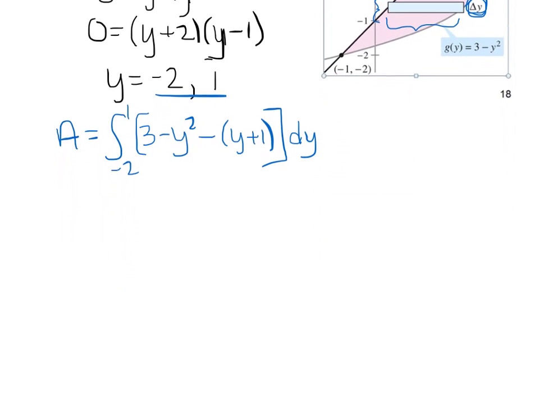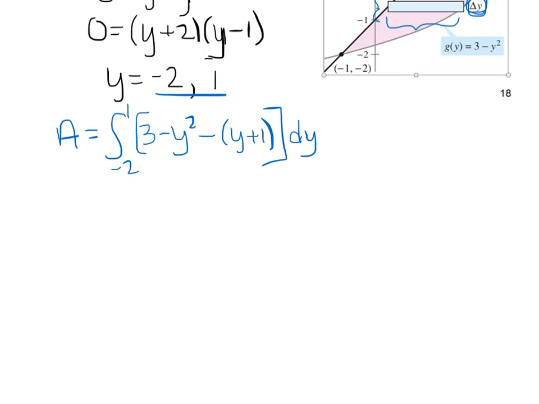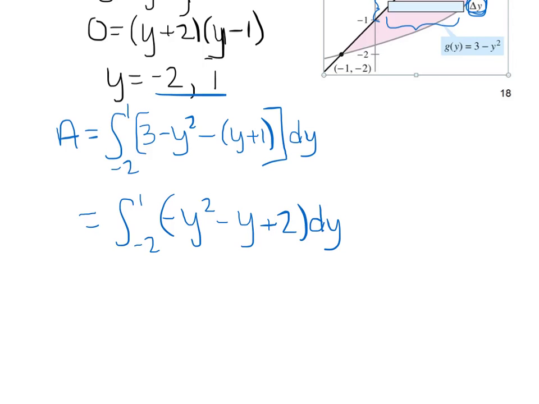And now the process is the same. I now have an integral with upper and lower limits, and I'm going to go ahead and simplify so that I can fully integrate. So this is going to give me the integral from negative 2 to 1 of a negative y squared. I see that I have a minus y, a negative on top of a positive is going to give me a negative 1, plus 3 becomes plus 2 dy.